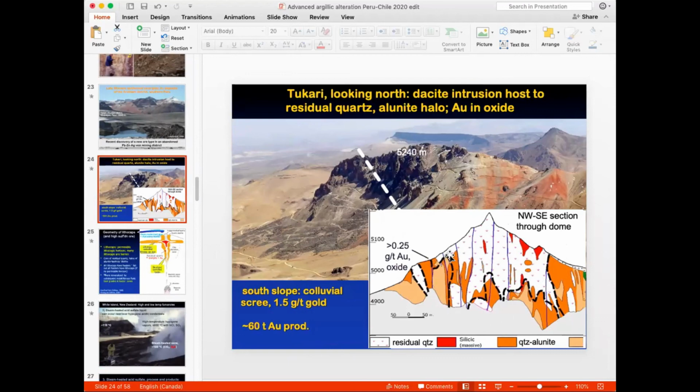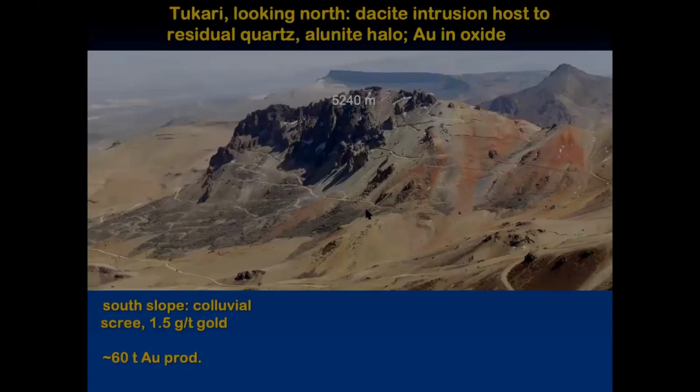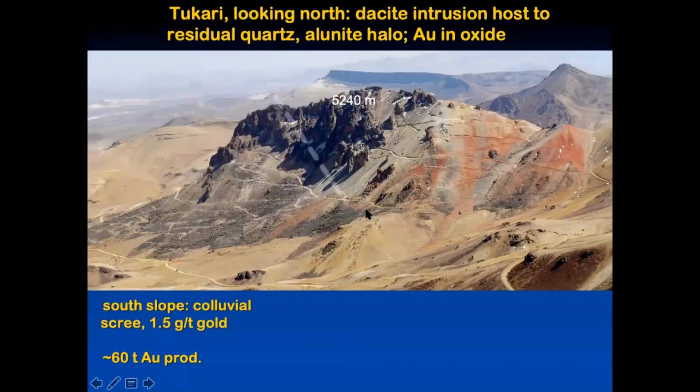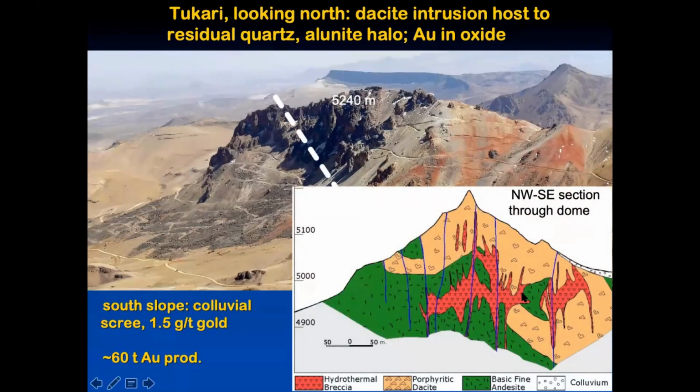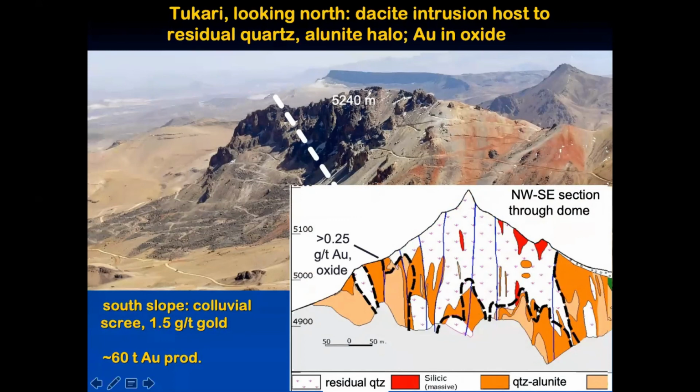But you can see if there had been 200 or 250 meters more erosion here, and this area had been eliminated, we would have had narrow, structurally controlled zones of residual quartz with extensive quartz alunite.